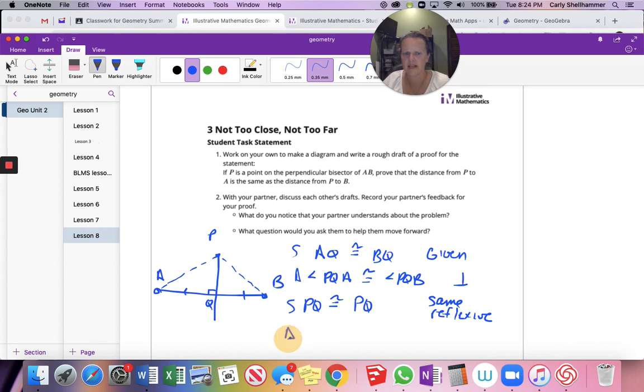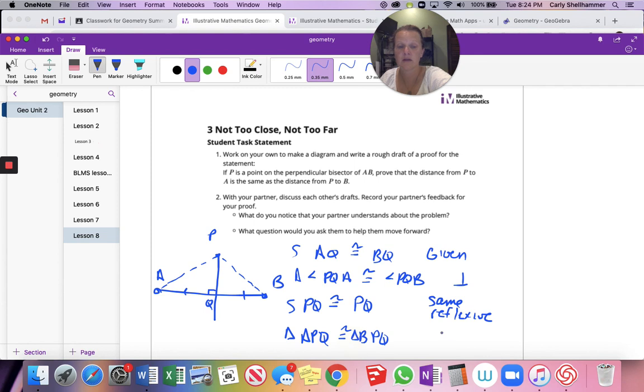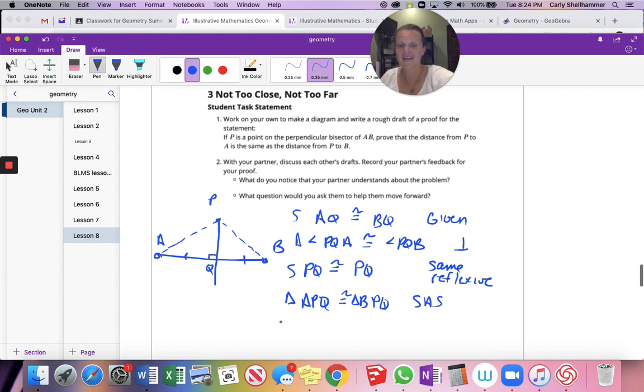So I can say that triangle APQ is congruent to triangle BPQ because of side-angle-side. I say them one way and write them a different way. And then AP is congruent to BP because of CPCTC.